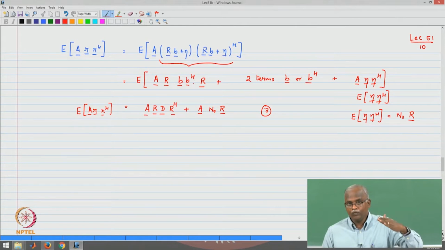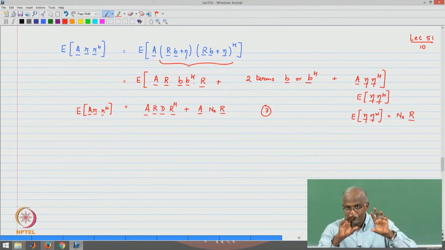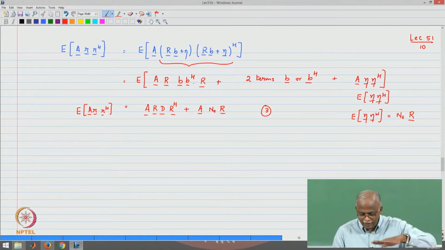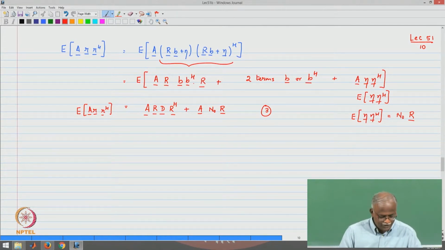So, equation 1 gave us the expression based on the principle of orthogonality. Equation 2 gave us an expression for the first term. Equation 3 gives us an expression for the second term.